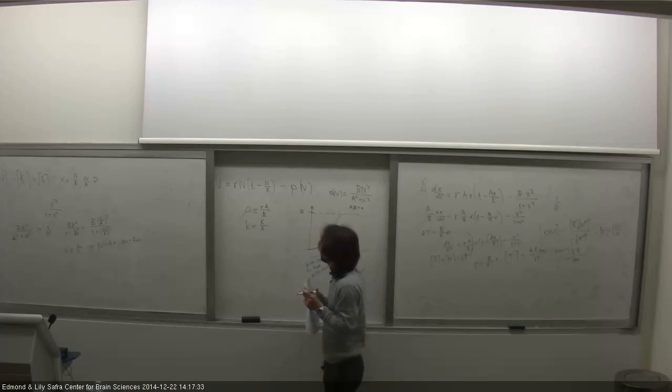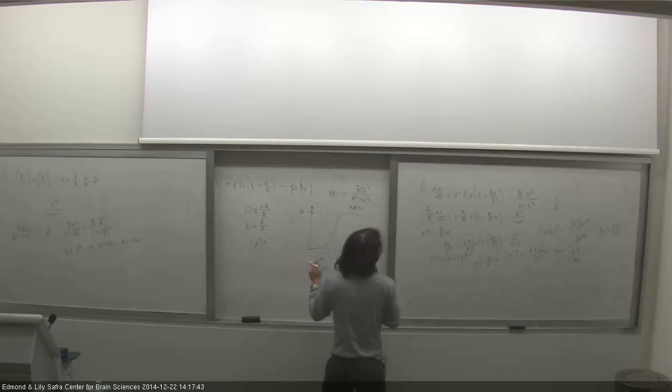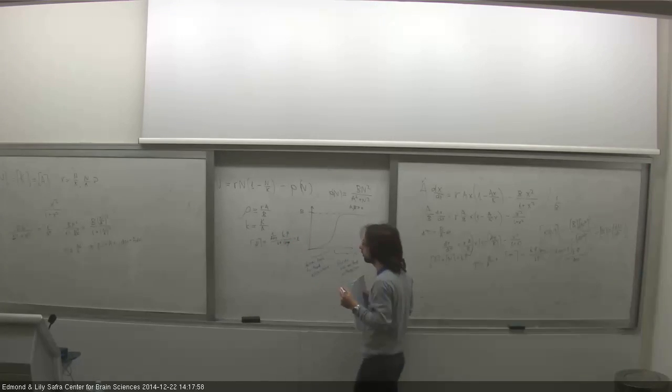And maybe we don't know exactly about rho. So the units of R should be 1 over day, the units of A should be kilo worms, and the units of B are kilo worms per day. And indeed, rho is also dimensionless.